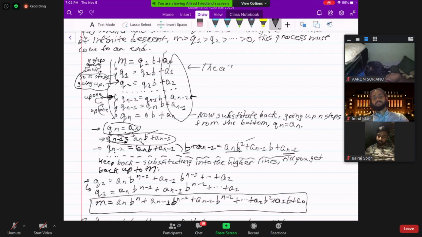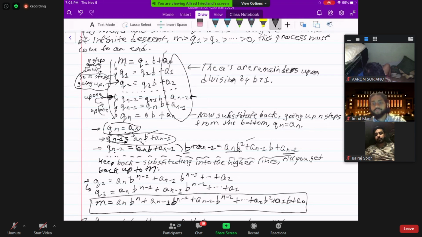The a's are remainders upon division by b, which is greater than 1.